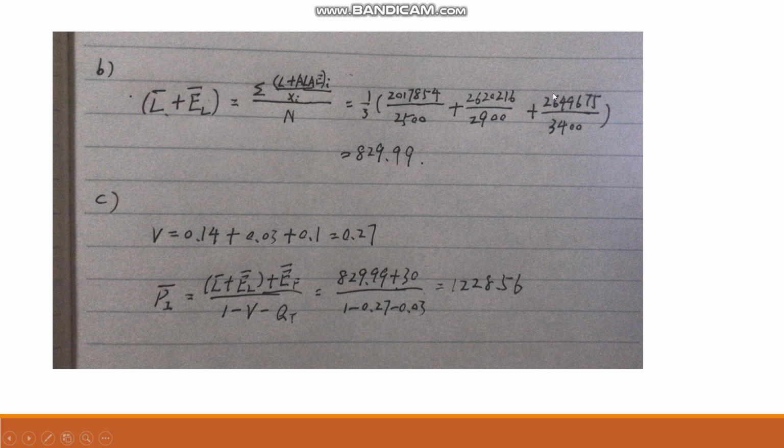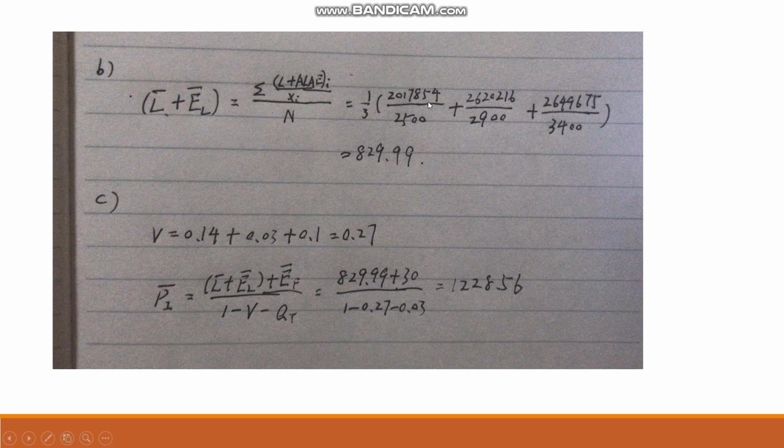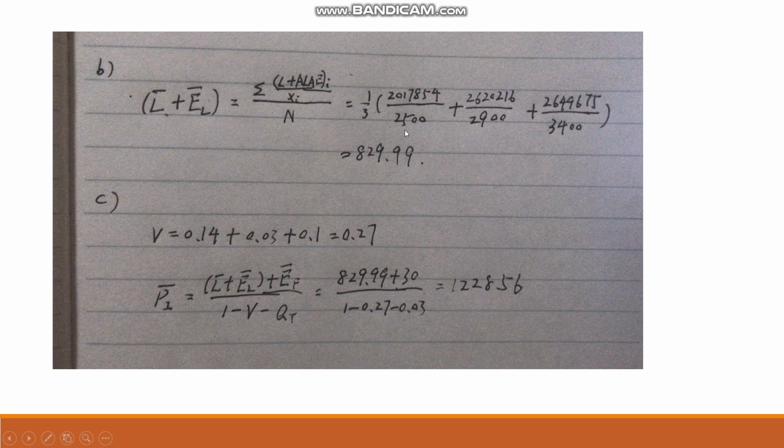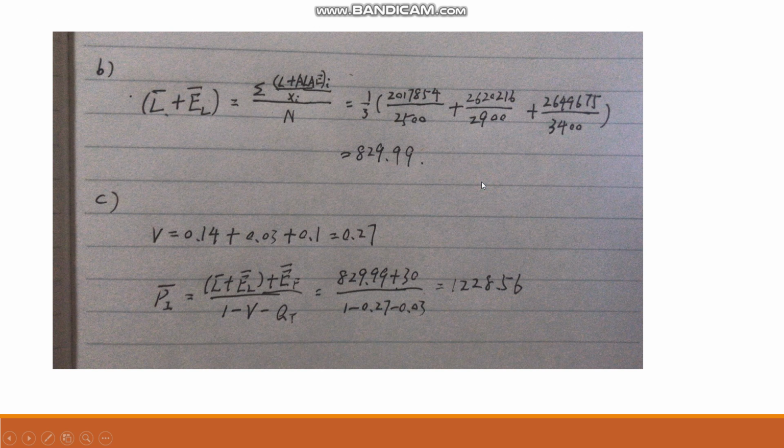The n, we can see, is total 3 years, and the loss we already calculated in problem A. And the number of exposures was provided there. It's earned exposures, so we can calculate the result, which is 829.99.